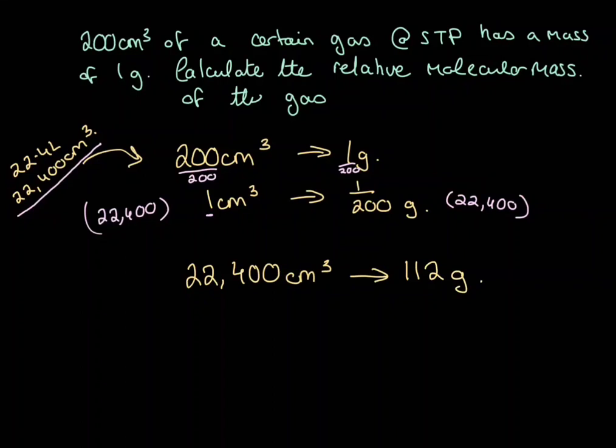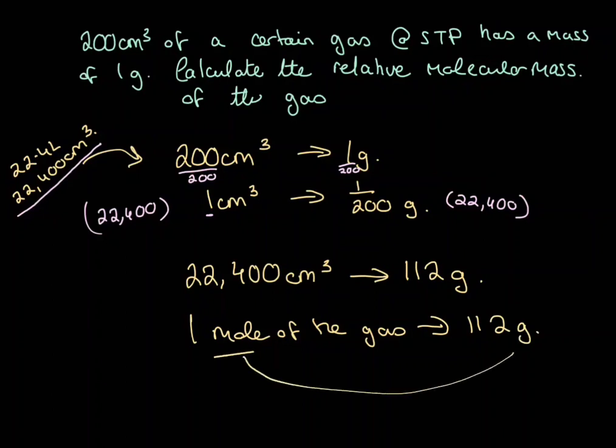And that's basically saying 1 mole of the gas has a mass of 112 grams. And because it's 1 mole, that amount of grams is the relative molecular mass of the gas. And that's it for this video.